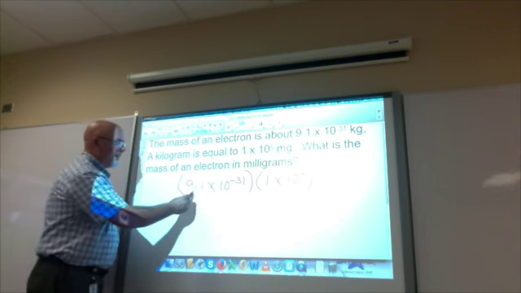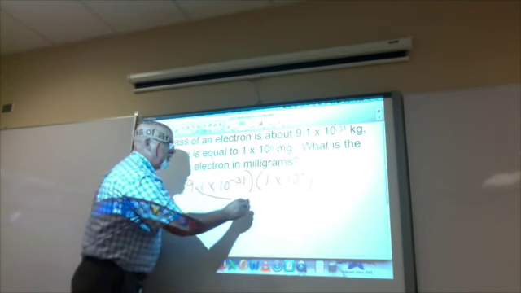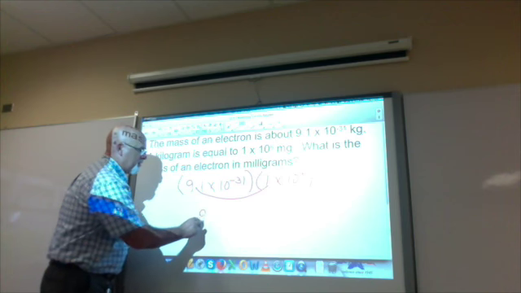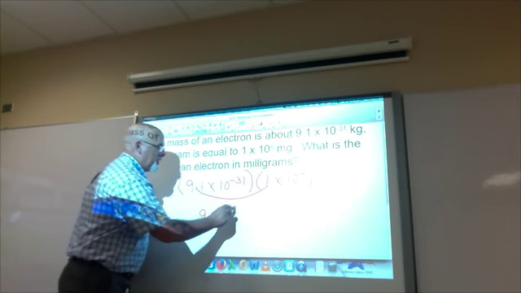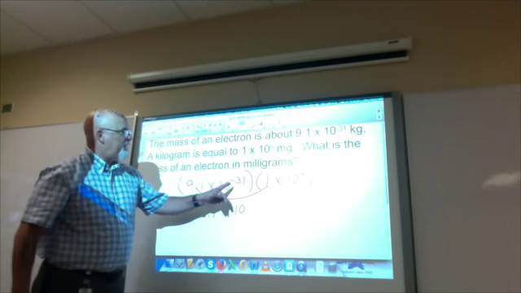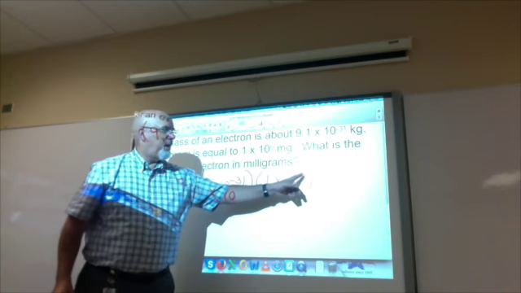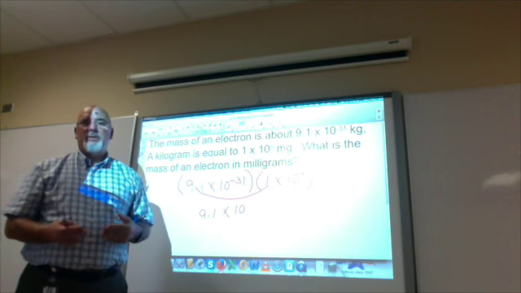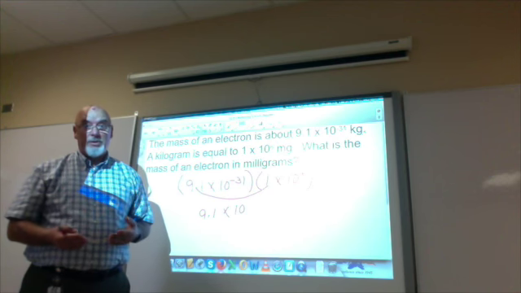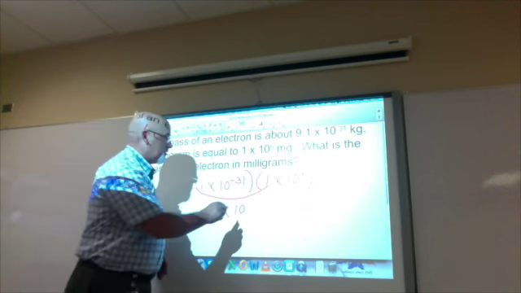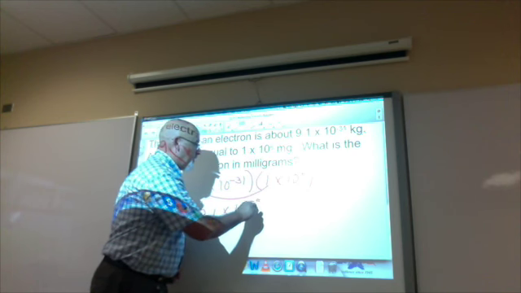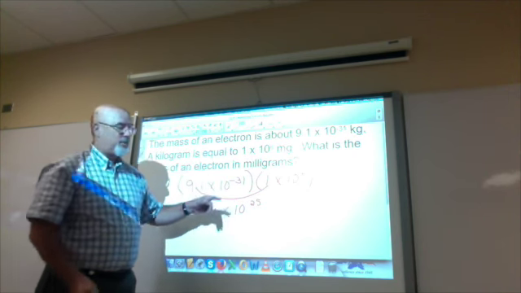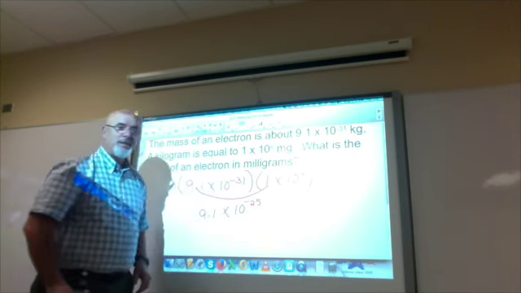So that's going to give us 9.1 times 1 is 9.1. At negative 31 and positive 6, we've got different signs, so we get the difference between the two numbers. 31 minus 6 is 25, and we keep the sign of the bigger number, which is negative. So that would be times 10 to the negative 25.